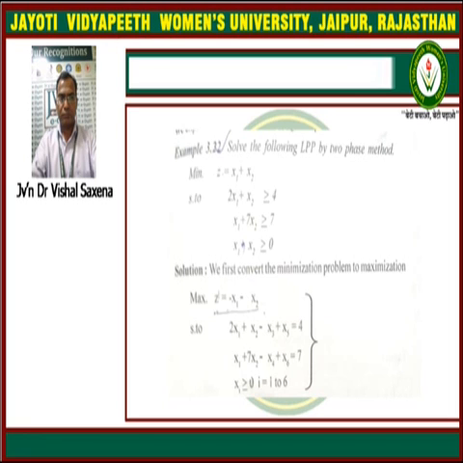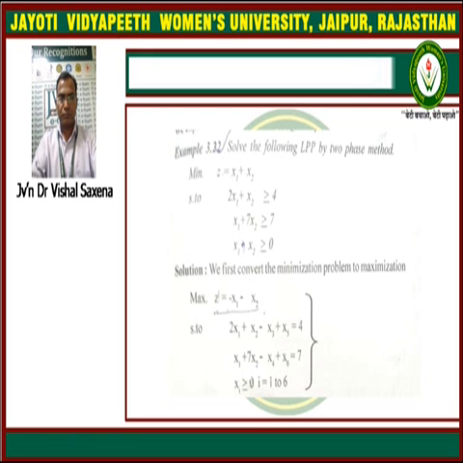subject to 2x1 plus x2 minus x3 plus x5 is equal to 4, and the another constraint is x1 plus 7x2 minus x4 plus x6 is equal to 7, and all the variables xi are greater than or equal to 0, which is the non-negative condition.